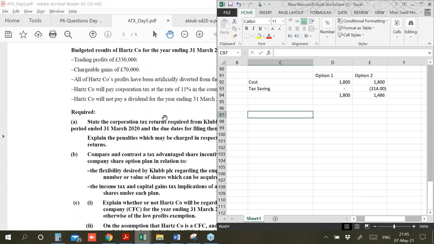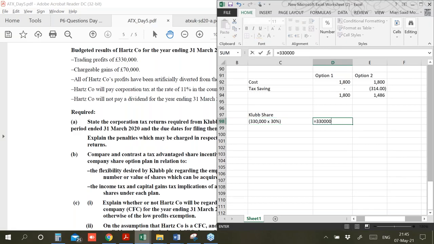Our share out of total profit is 30%. So 330,000 times 30% will be 99,000. So the CFC charge will be on 99,000.